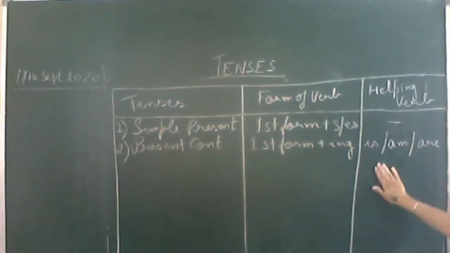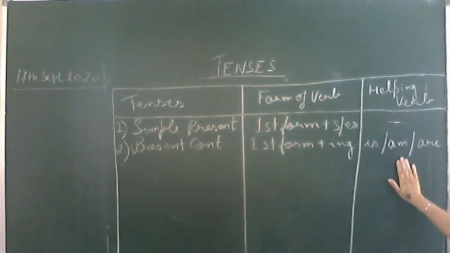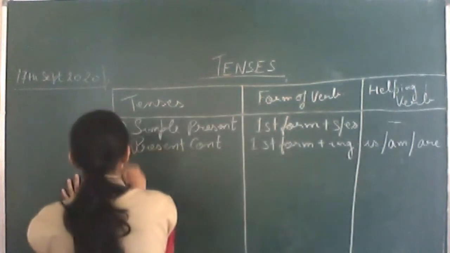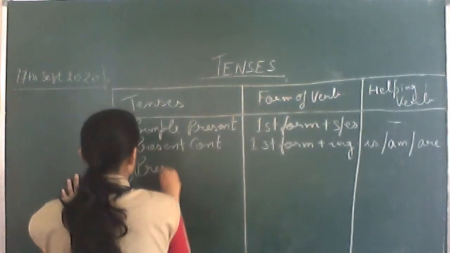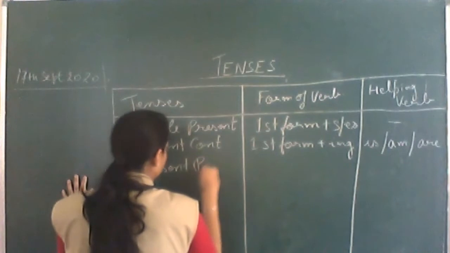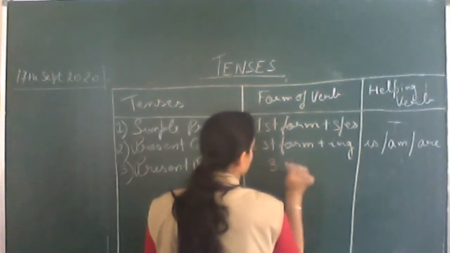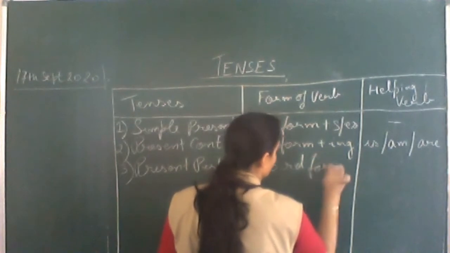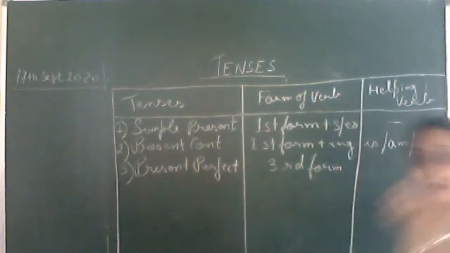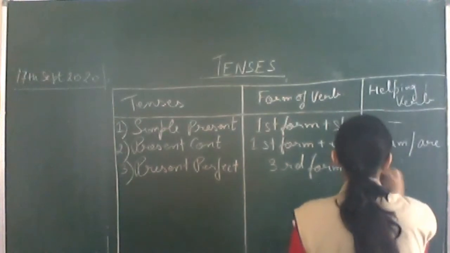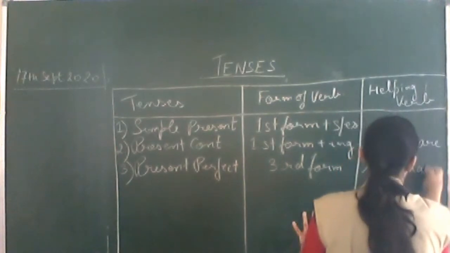Is is used with singular, am is used with I, and are is used with plural. The third one, present perfect. In present perfect we use the third form, and with this third form we use has and have.